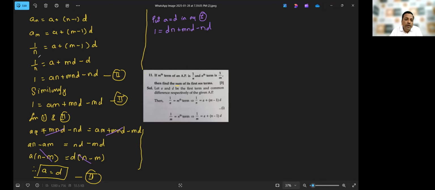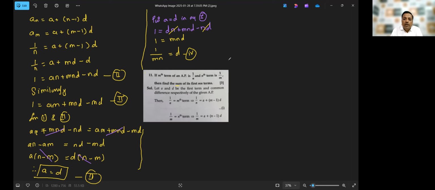Now dn positive, dn negative, these both cancel. Same sum याद आ रहा होगा तुम लोगों को. So 1 is equal to md. So 1 upon mn is equal to d. That is equation number 4.